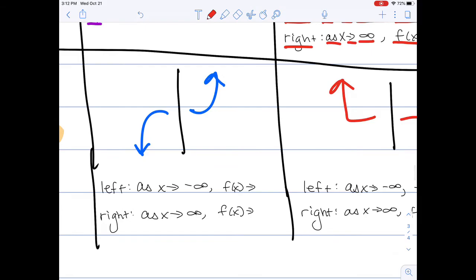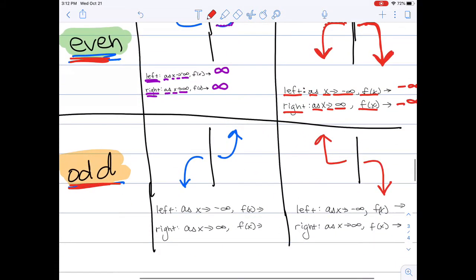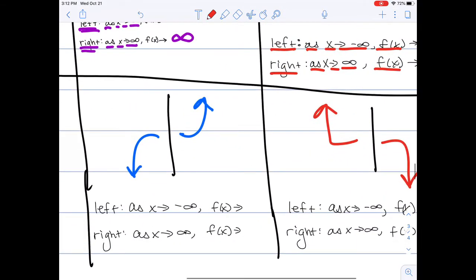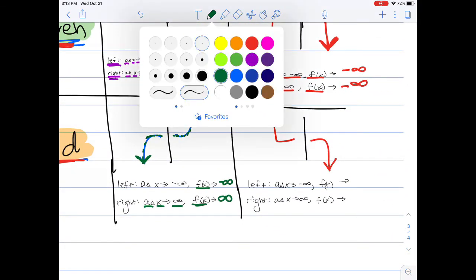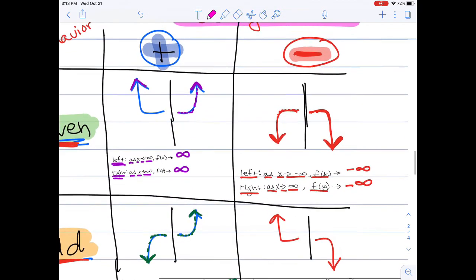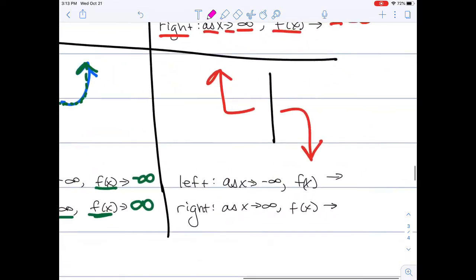All right, let's look at this one. This one's positive and odd, so for positive and odd, as x approaches negative infinity, that's left, the f of x is approaching down, so we say negative infinity. And as x approaches positive infinity, that's to the right, f of x is doing what? It's going up, so we call that positive infinity. And our last one here is negative odd.